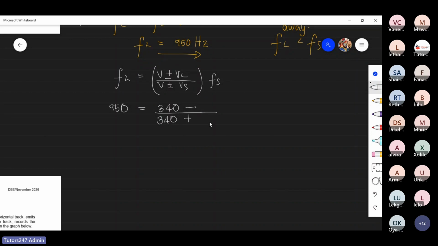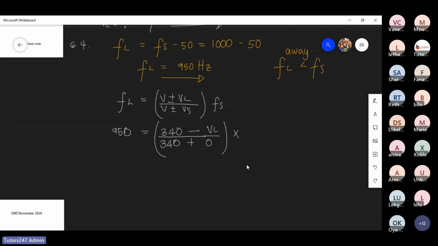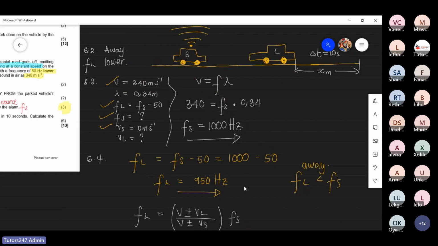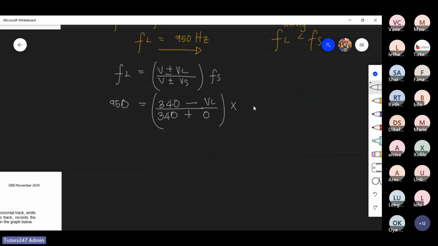Now the velocity of our listener is what we are calculating, and the velocity of our source, keep in mind our source, which is the parked car, is stationary. We then calculated the frequency of our source in question 6.3 as 1000 hertz. So let us substitute that.